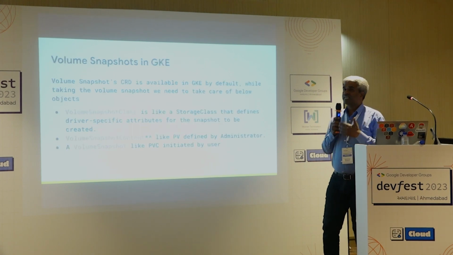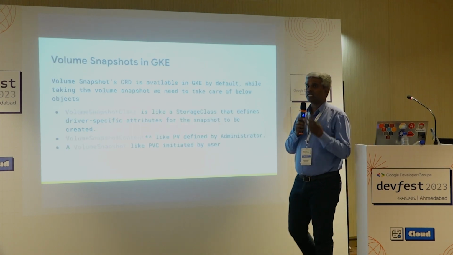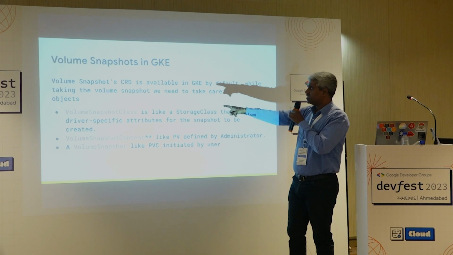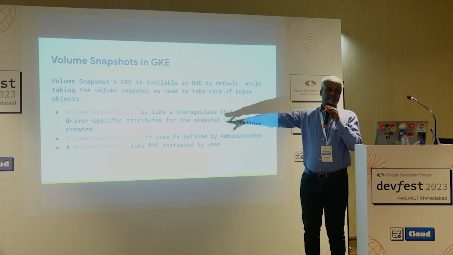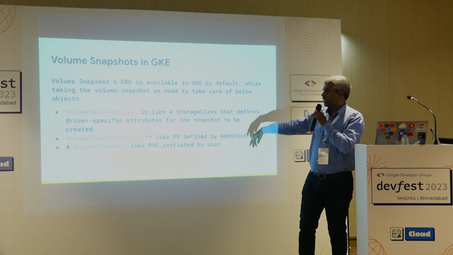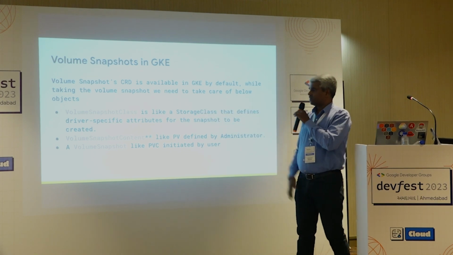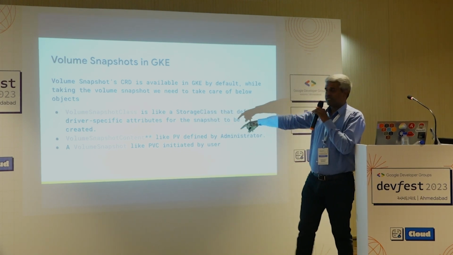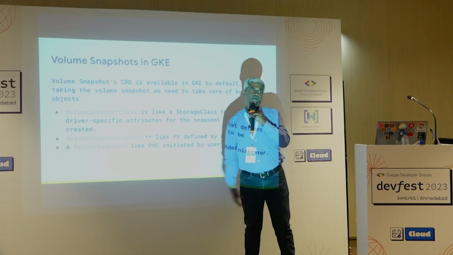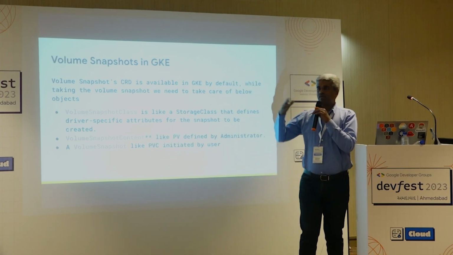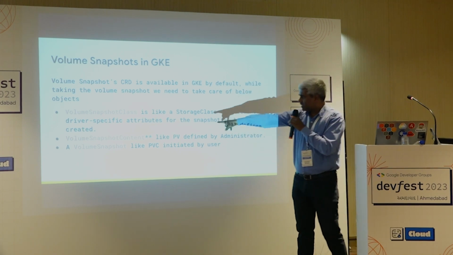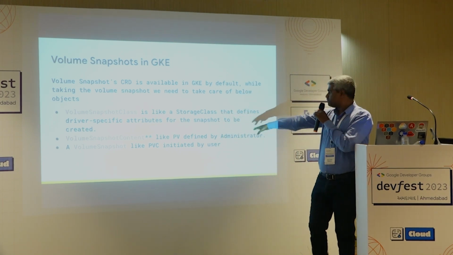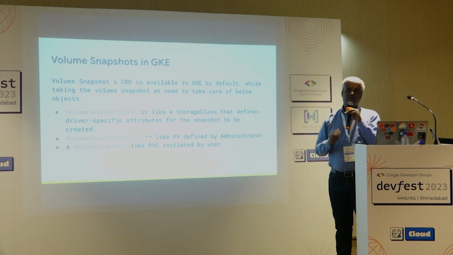Then, what are the kinds in volume snapshots? There are three major kinds. One is the volume snapshot class. It's like a storage class, the SC, right? Then volume snapshot content is like a PV. Can anyone tell me why there are two stars here? If you are seeing my slides correctly, you will get the answer. It's like a PV, by the way, defined by the administrator.